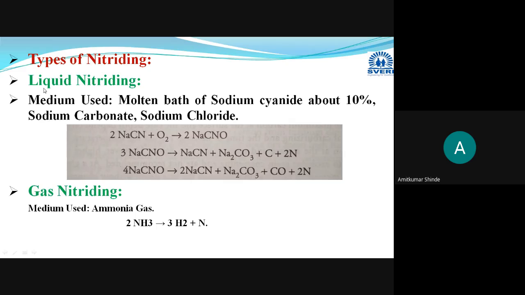If we use the liquid medium, we use a mixture of salt baths with 10% sodium cyanide. This percentage is very important. When this percentage changes, you will automatically end up with a change in the reaction also.